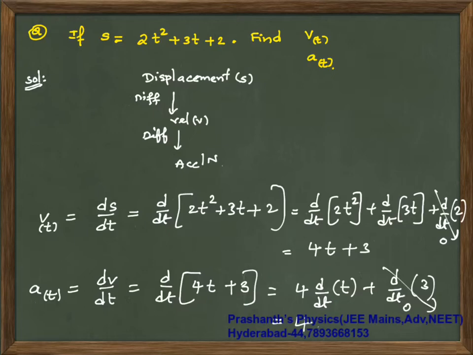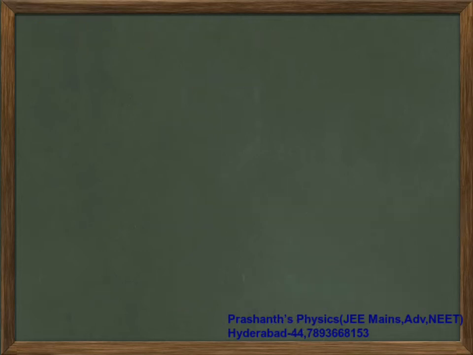One more example we will see. If you are asked as a function of time, that means indirectly you are asked instantaneous values. Now, one more example: your displacement is, let us say, alpha t square plus beta t plus gamma.